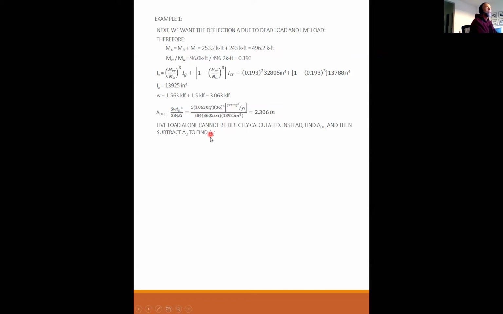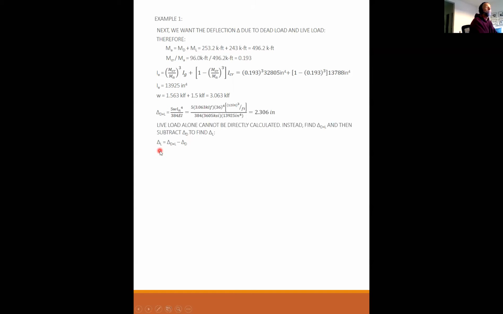So you do not calculate live load deflection by plugging into this equation. You calculate it by calculating the total dead plus live and then subtracting out the deflection due to dead that you found previously to get to your live load.